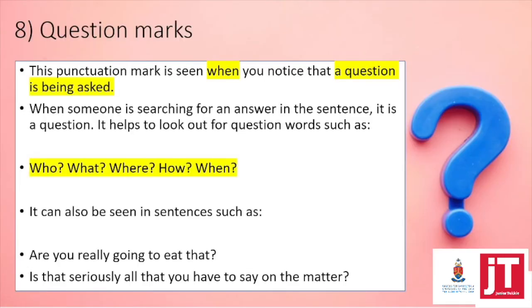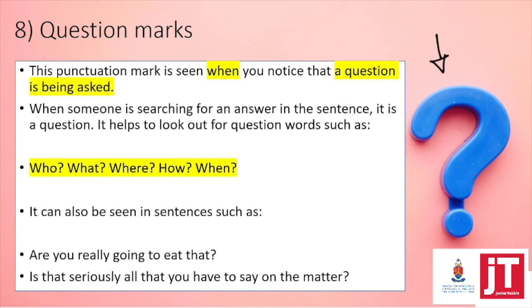Now we are going to move on to a really, really helpful symbol, and that is the question mark. This is a punctuation mark seen over here. It is seen when you are asking a question, when a question is being posed in one way or another, when someone is searching for an answer in a sentence.